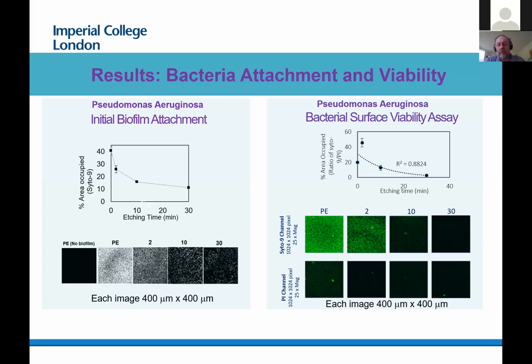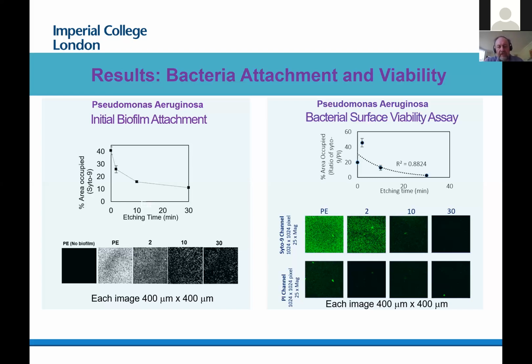So the second test we do is we look to assess the viability. So of the cells that are on the surface, are they alive or are they probably dead? And these experiments involve us looking at the images from two different dyes. So there's a cyto9 and a PI dye. And from those data sets, we can estimate the amount of viable material present.